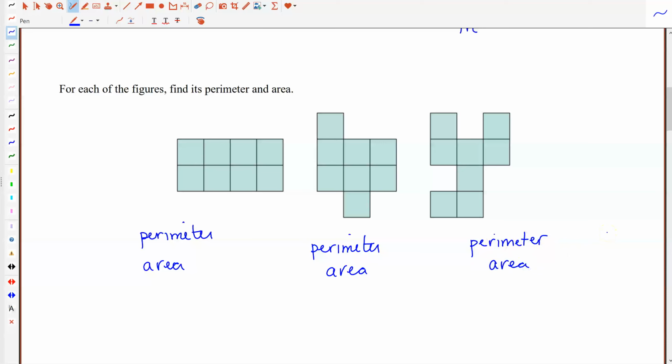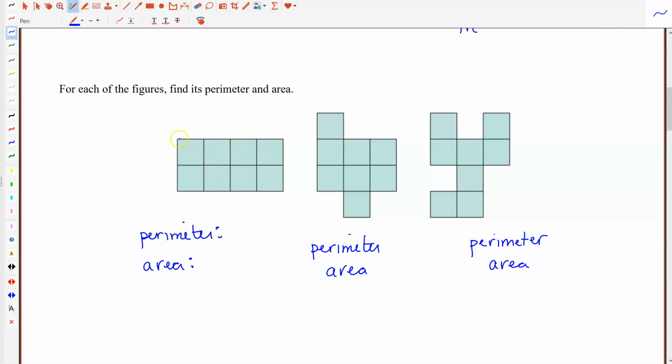So on the first figure, I've got 2 rows with each row having 4 boxes stacked on top of each other. So it just looks like a rectangle broken up into 8 boxes. The area of this figure is how many squares it took for me to make this figure. So it took me 1, 2, 3, 4, 5, 6, 7, 8 squares to make this.